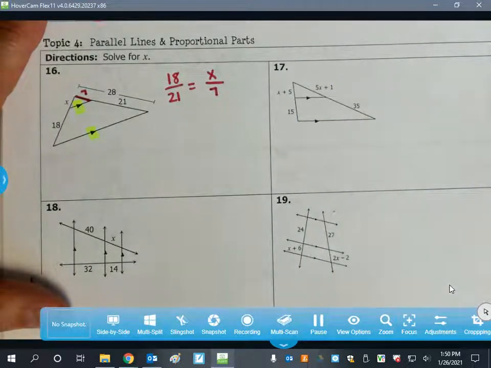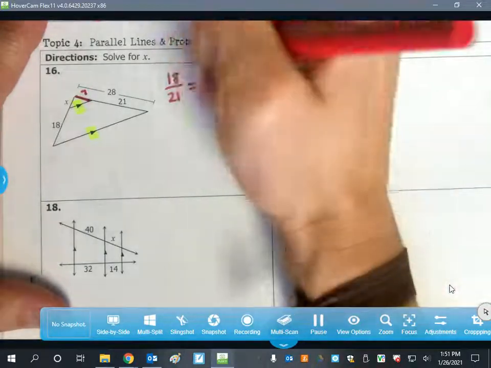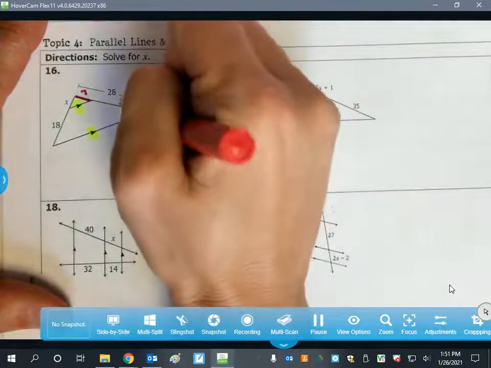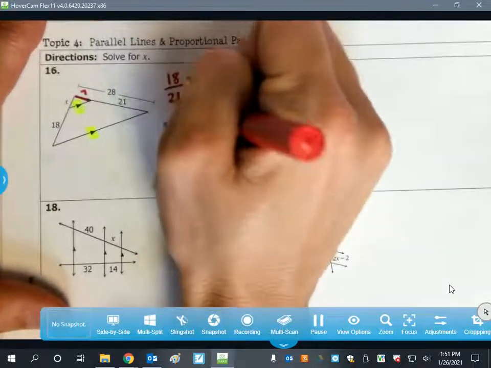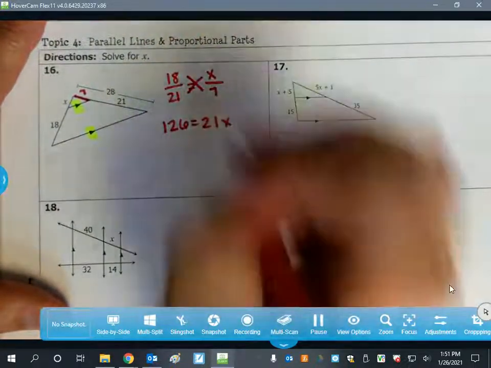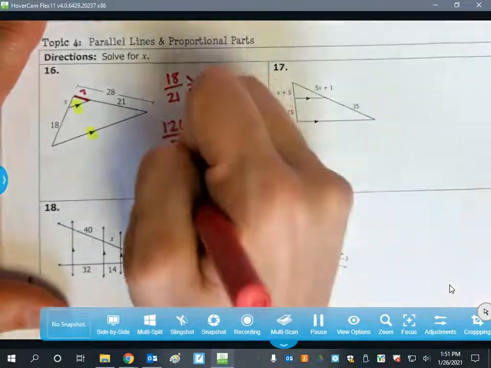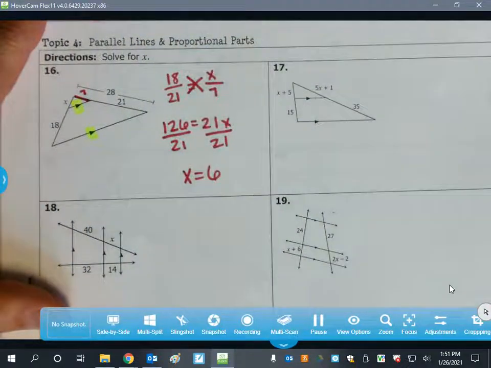So to solve that for x, you cross multiply. 18 times 7 is 126 equals 21x. Divide both sides by 21. And 126 divided by 21 is that x equals 6.